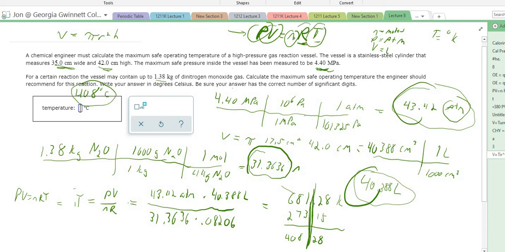That's because of how we're using R, 0.08206, which requires those particular units. That's how we would do this particular problem, and I think you can tackle all the others, which will either solve for pressure or volume or number of moles, or as we did here, the temperature.